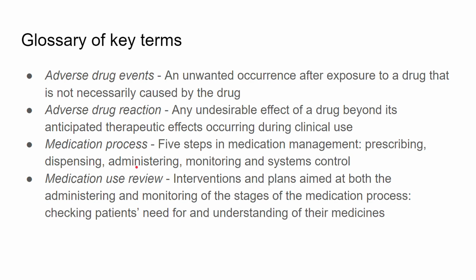Administering, done by the nurse, some by the clinical or immunizing pharmacist. Monitoring, and systems control. So these are the 5 steps in the medication process: prescription, dispensing, administering, monitoring, and systems control. Now, this is usually done by the clinical pharmacist or the resident physician or the physician.